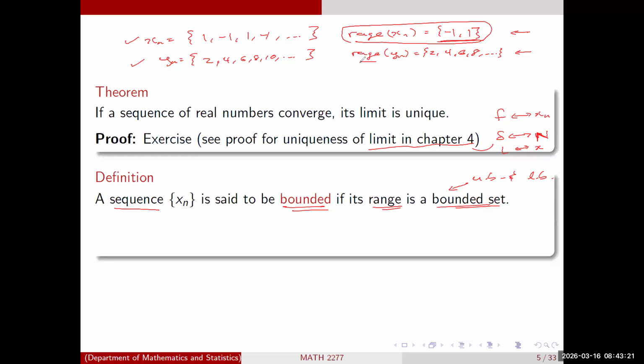However, the range of yn, yes, it has a lower bound, let's say 0. Every term here is bigger than 0, but there's no upper bound. So yn is not bounded. Yn is not a bounded sequence because bounded means both upper bound and lower bound for the range.